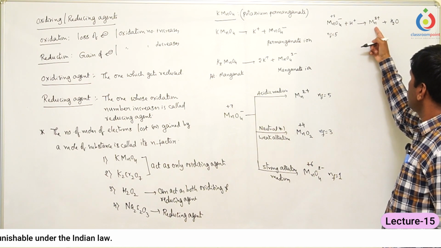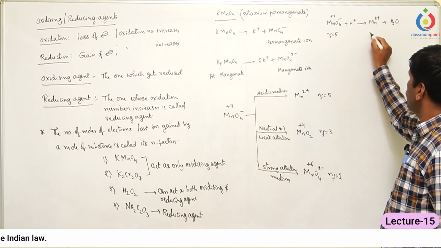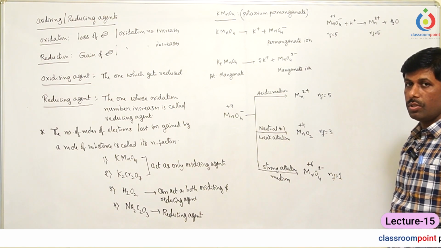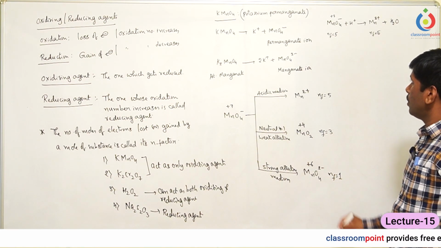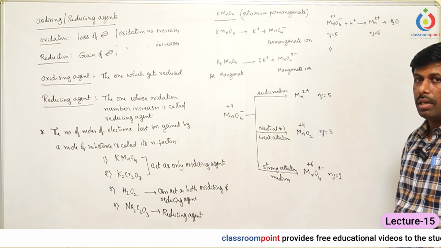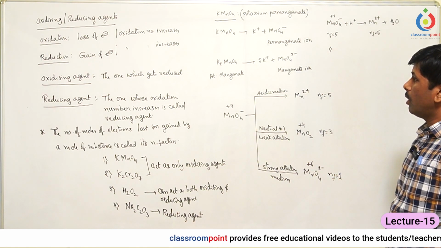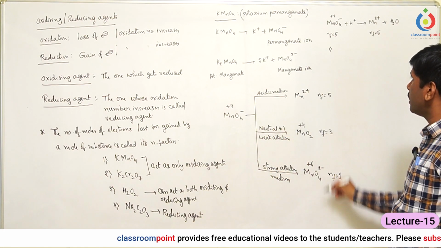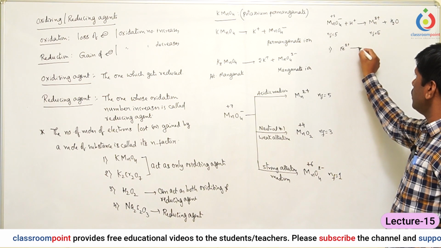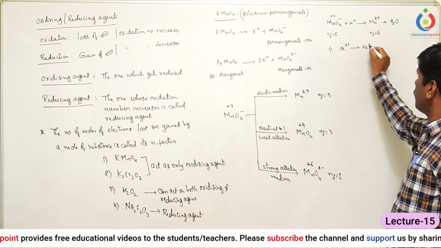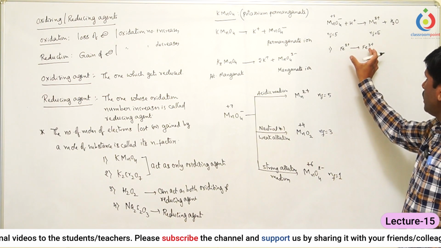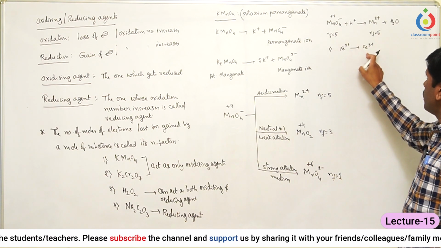Here 1 manganese, total change from here to here again is equals to only 5, so its N factor value is also equals to 5. So let us see some of the reactions shown by the permanganate ion in acidic medium, how it is acting as an oxidizing agent. It oxidizes Fe2 plus into the Fe3 plus. Then how to write down the reaction? Simply add the reactant on reactant side, product on product side.